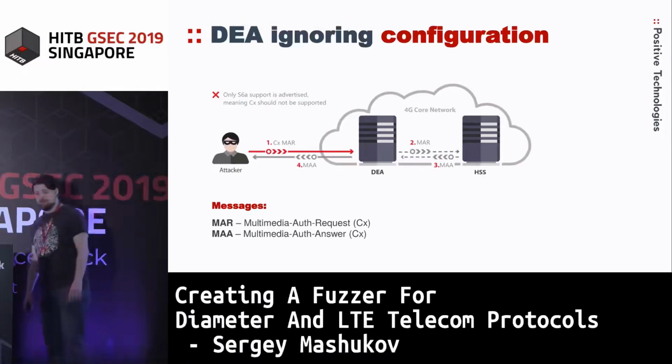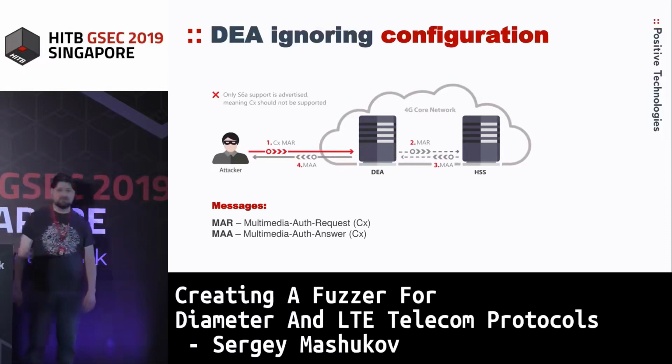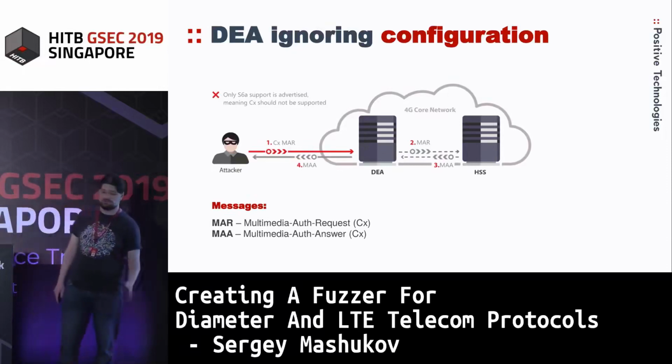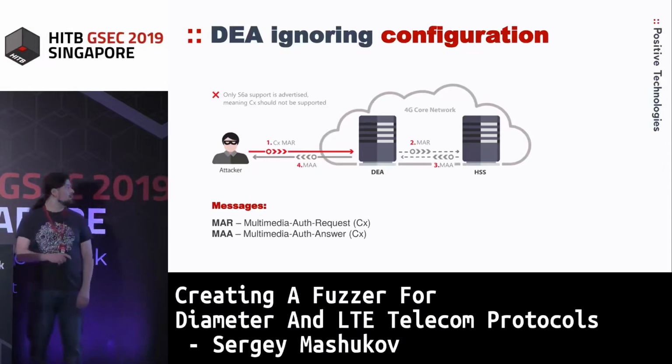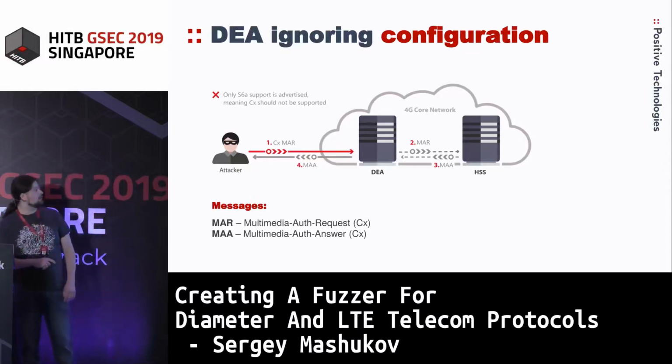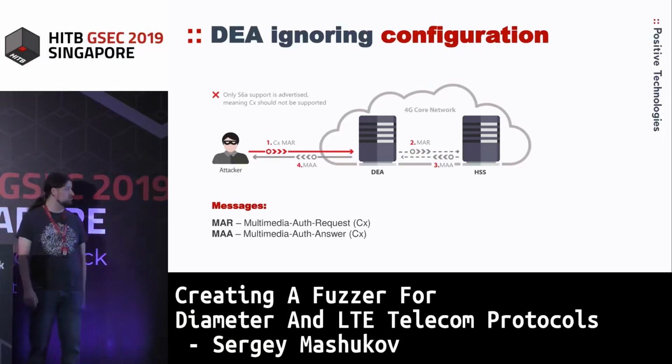So yeah, our practice shows that there are some problems with DEA, and one of them is that the DEAs of some vendors plainly ignore configuration. In this case, the DEA was supposed to support only S6a, as it should when connected to this IPX network, but for some reason it routed any message that is supported inside the operator's network.